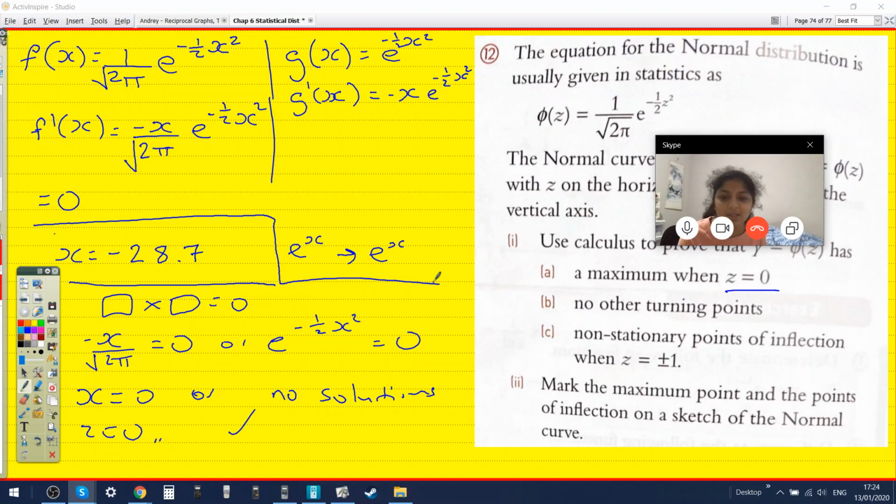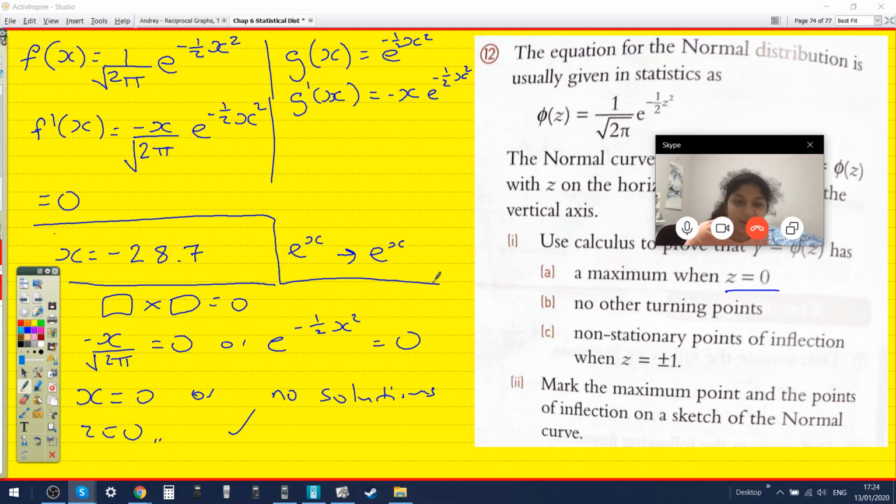Yeah, but it's non-stationary, so the gradient wouldn't be 0. A point of inflection is when the gradient is 0, isn't it? Not always. It's when the second derivative is equal to 0, I think. Okay. Second derivative it is.